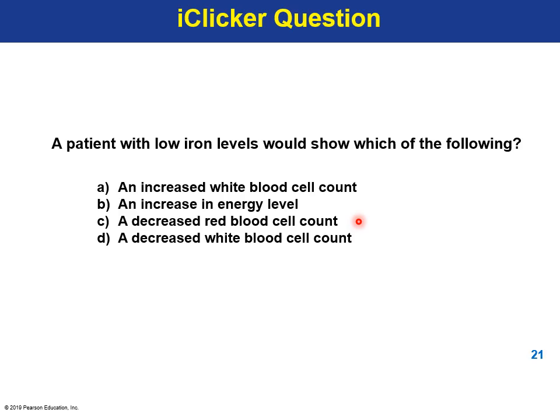I wish I could just put on this. All right, 5 seconds. Just put in anything, so at least you get 1 point. Okay, what is your answer? C. Okay, decrease red blood cell.